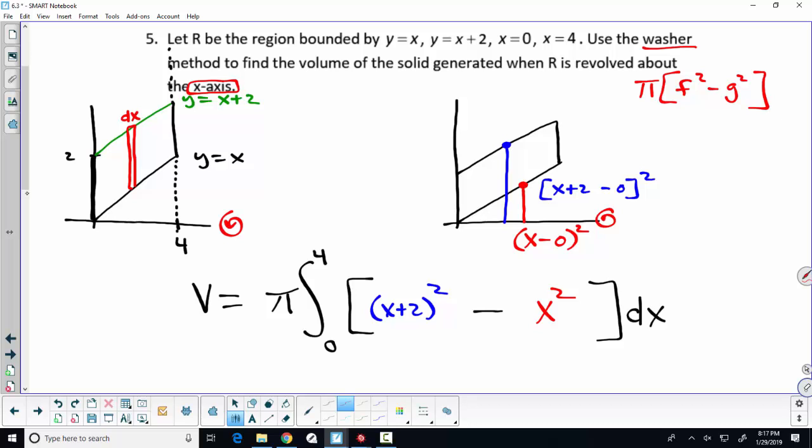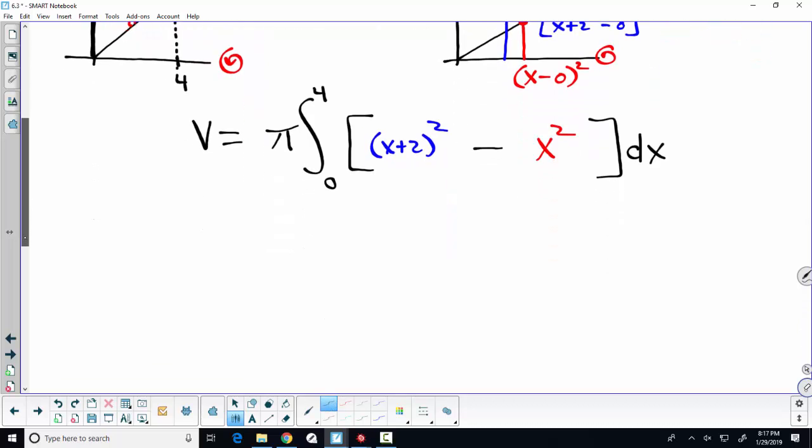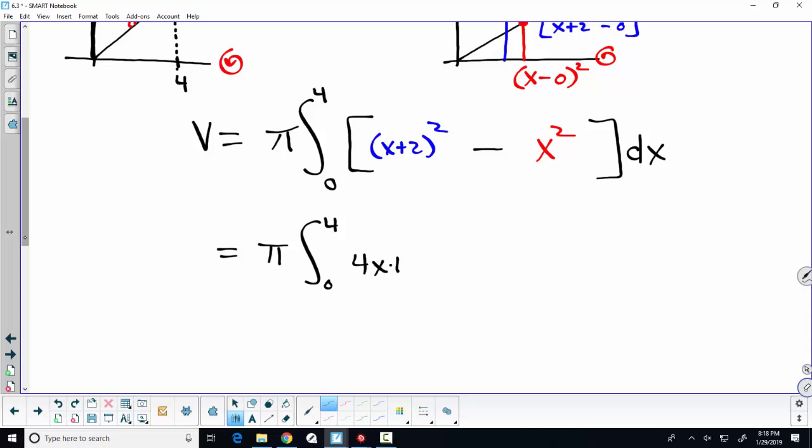Okay. So then we just expand, combine, simplify, etc. x squared plus 4x plus 4 minus x squared, so we have just 4x plus 4 dx. And then I think that's pretty straightforward from there, 48 pi.